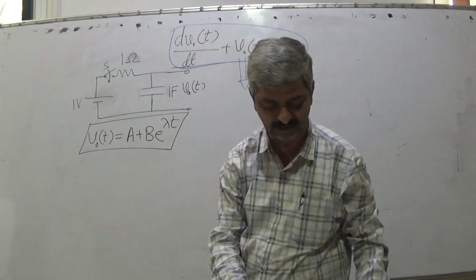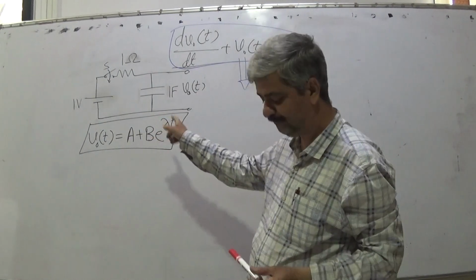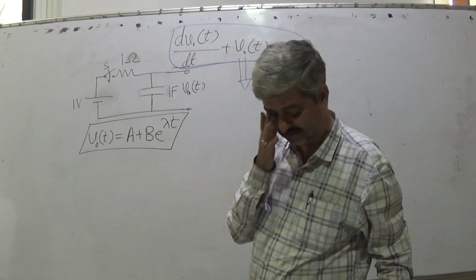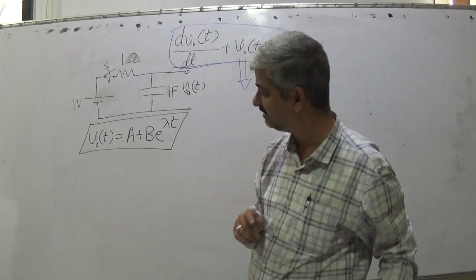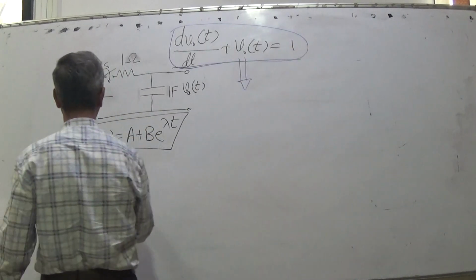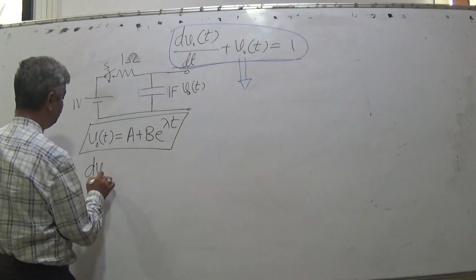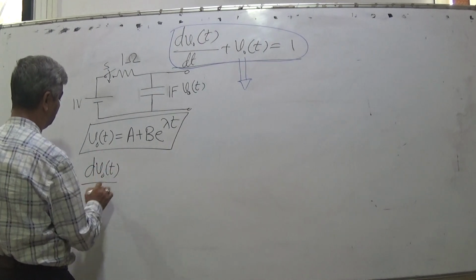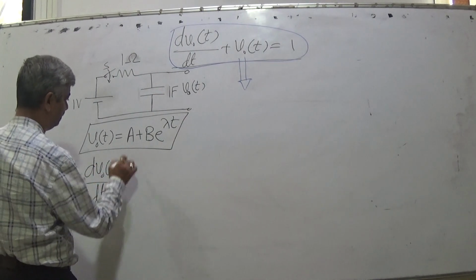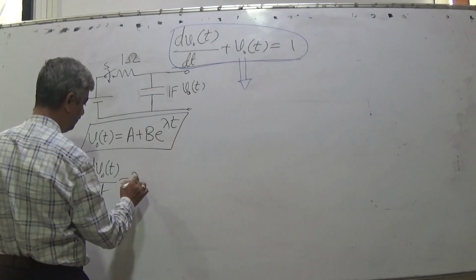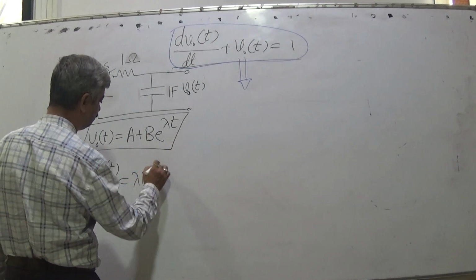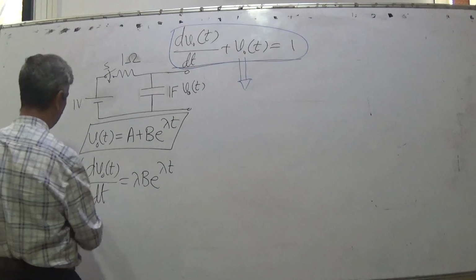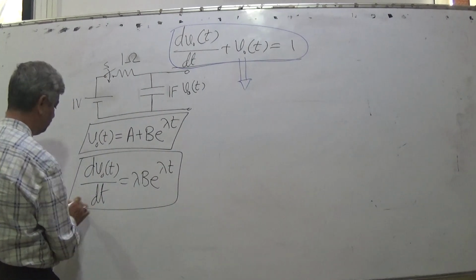So if V0 is equal to A plus B e raised to lambda t, in that case, if I differentiate, what is dV0/dt? dV0/dt obviously is 0 plus lambda B e raised to lambda t. So I have got these two things.